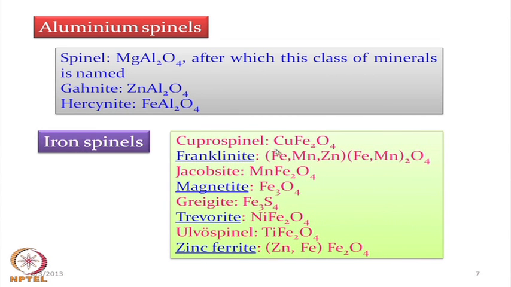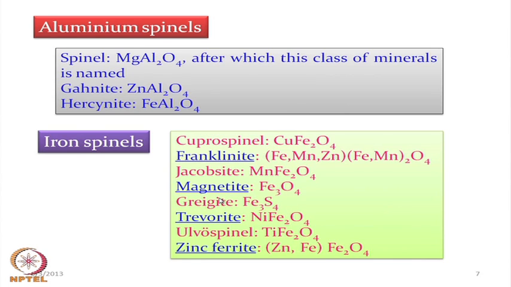The first example is a very useful one, cuprospinel, where the A site is occupied by copper. Then franklinite, where the basic structure is formed not only by iron but also by manganese, and the A sites can be substituted by iron, manganese and zinc, any of them, to give this particular structure. Then jacobsite is substituted by manganese at the A site.